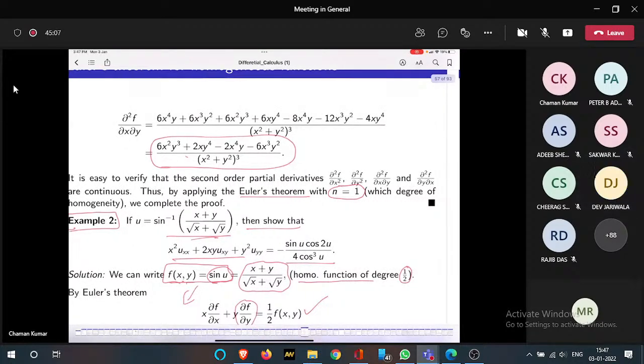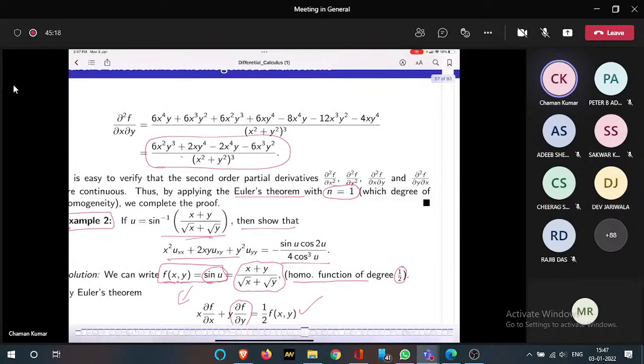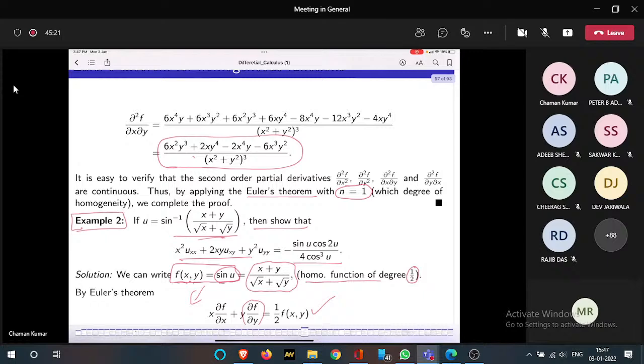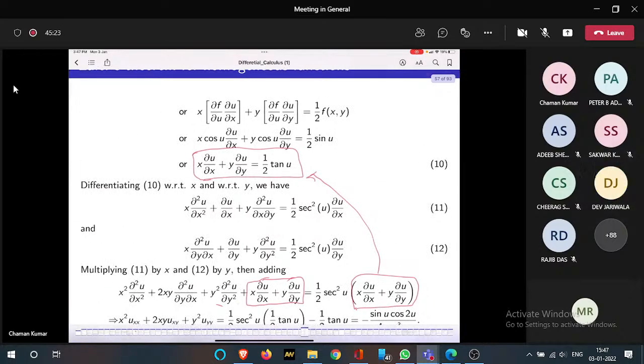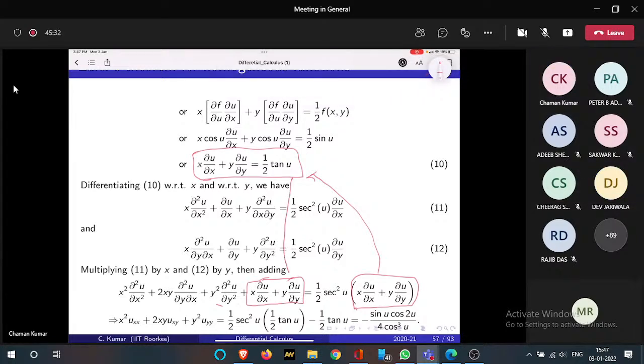Yeah, but cos u can tend to 0 for some value of x, y. Yes, those values are not considered, only the finite case. Okay, so only finite cases. If there are certain values where it blows up to infinity, those values are not considered. Yes, sir. Okay, so use equation 10 here, and you get the last equation which we wanted to prove.